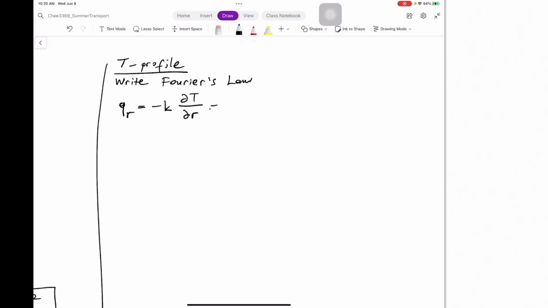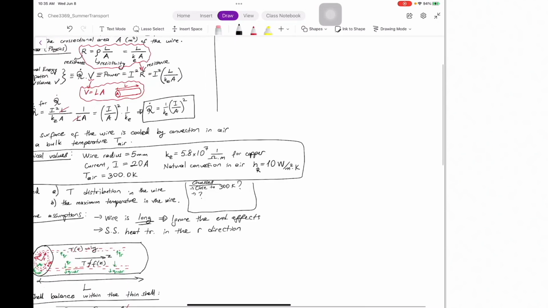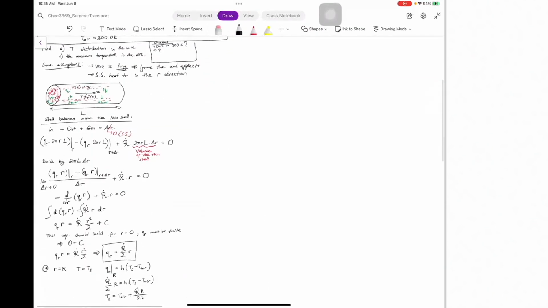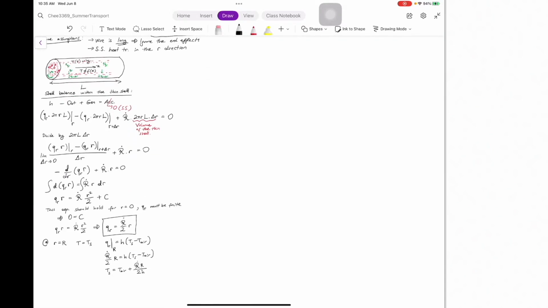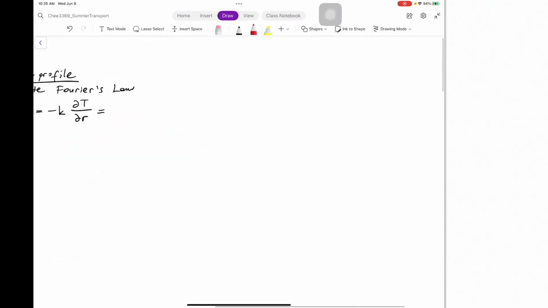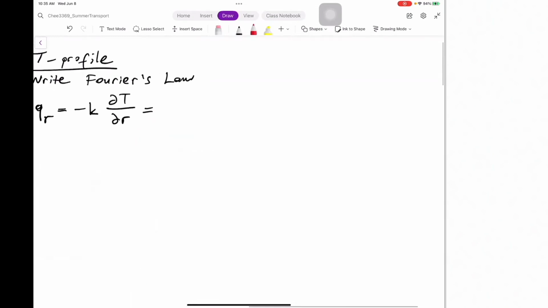That's equal to, from here, let's call this equation 1, Q is equal to fancy R dot divided by 2 R. Oops, sorry, it's not capital R. Now I'm going to solve for temperature.